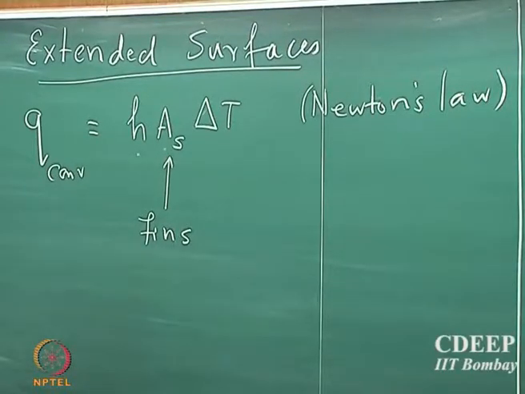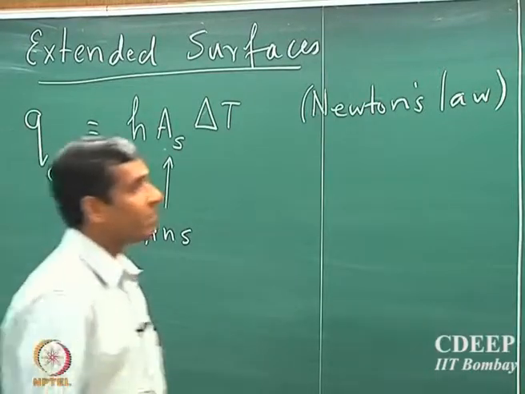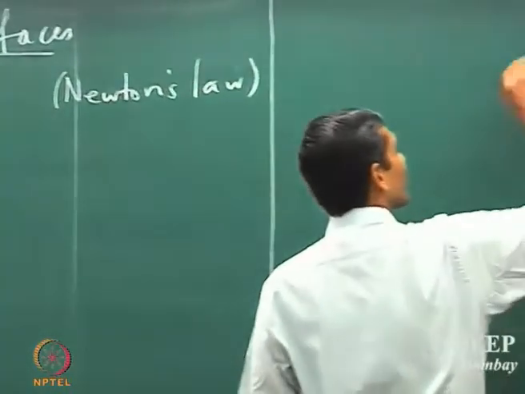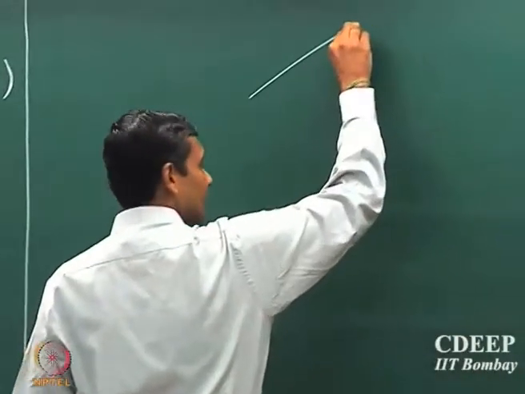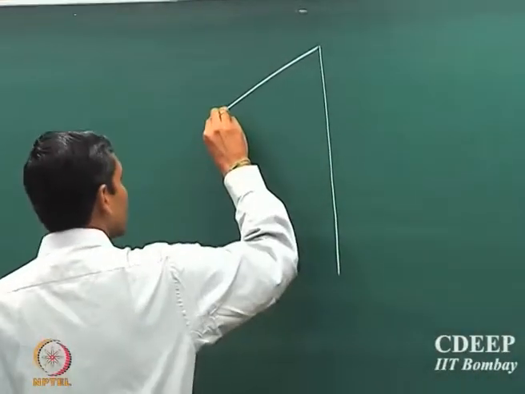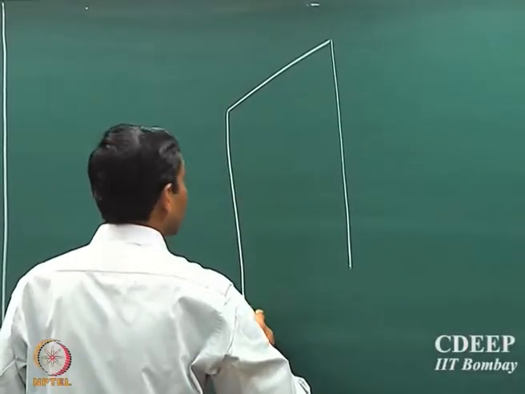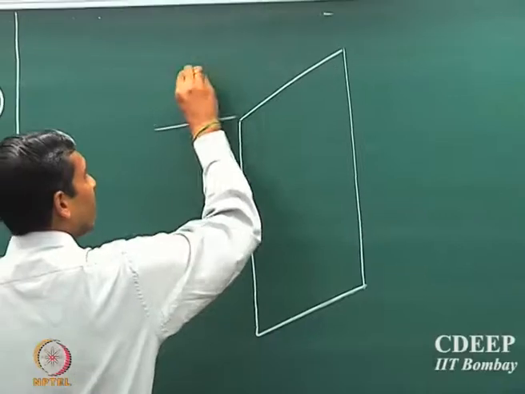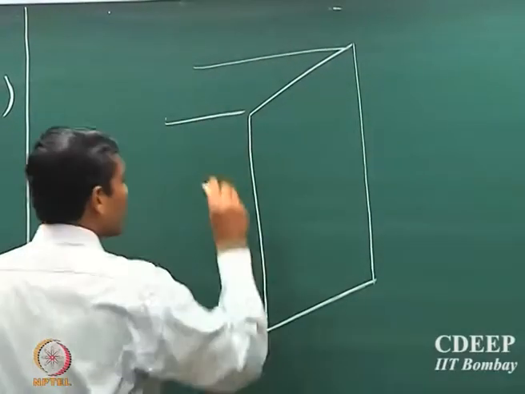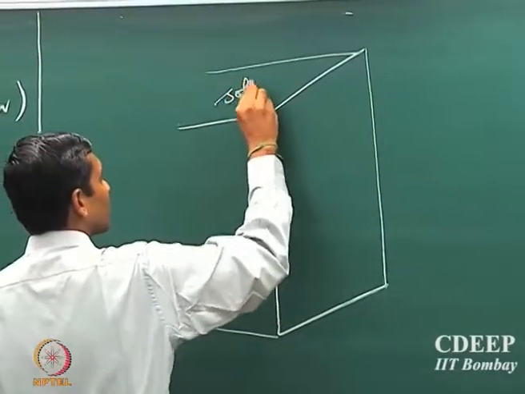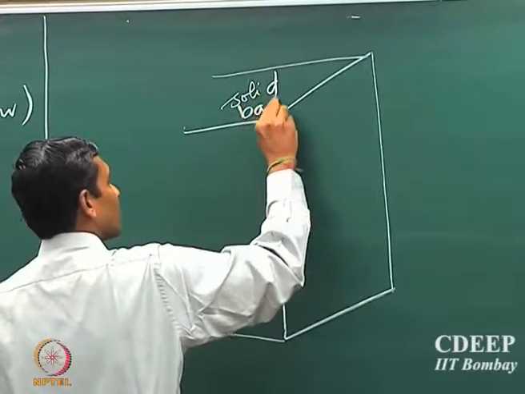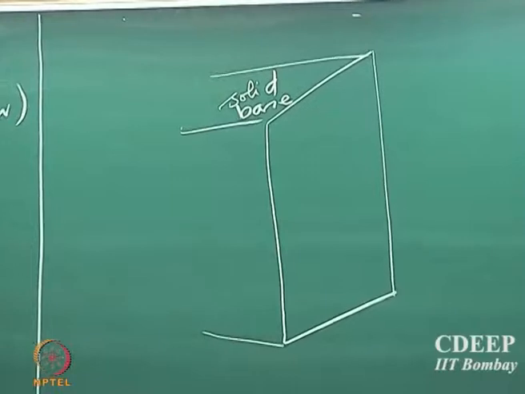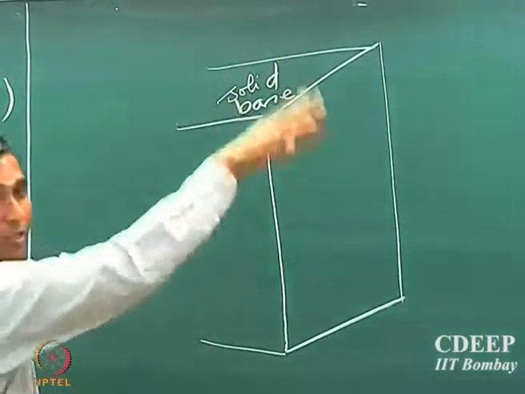So let us take a little general example. So we said that there is a base. Supposing there is, say, a base solid. Note that the purpose is to increase the heat transfer rate to the fluid which is surrounding.